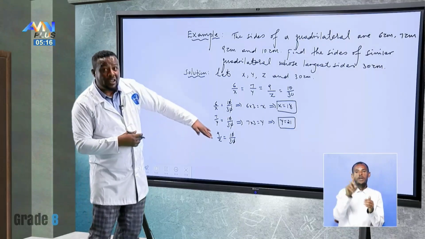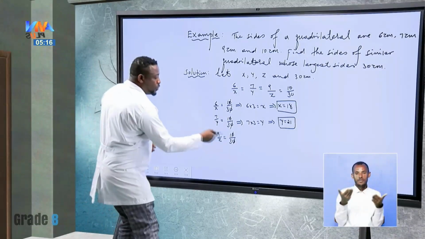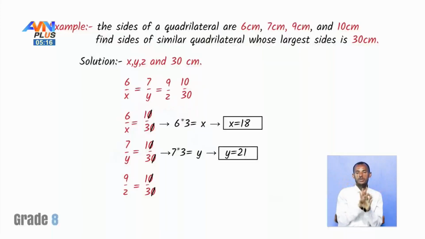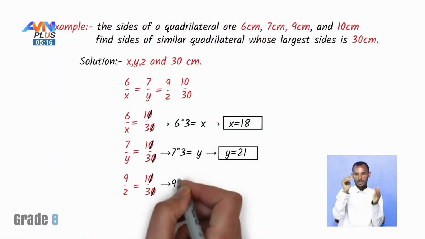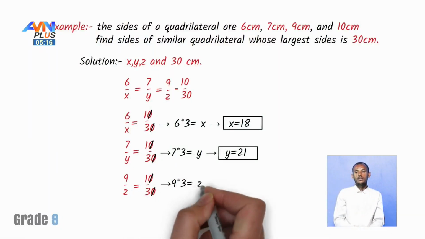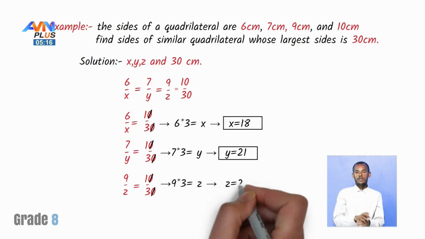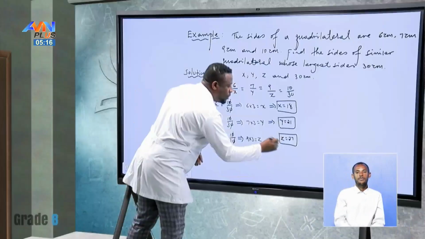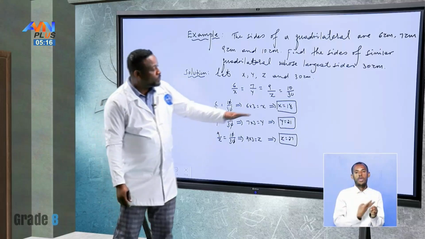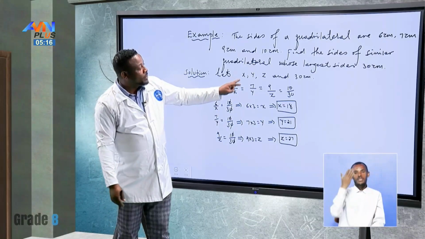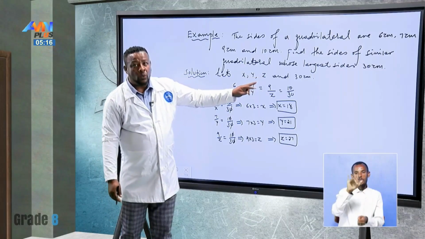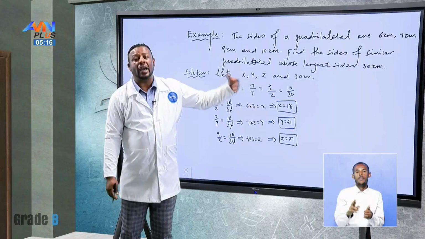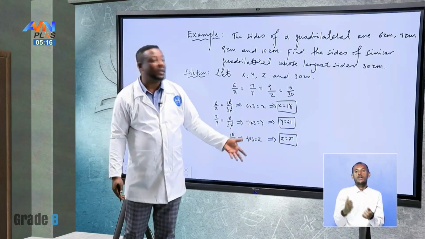And from the third equation, you can use crisscross. Then 9 times 3 is equal to Z times 1, which is Z. So the third unknown variable becomes 27. Okay, so we obtained the unknown variables X, Y, Z, which are the unknown sides of a certain quadrilateral.